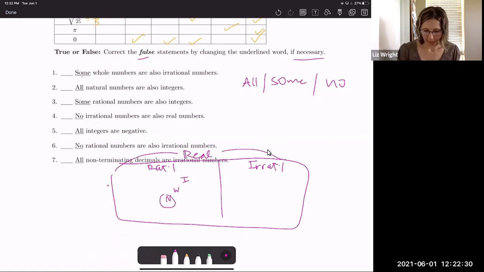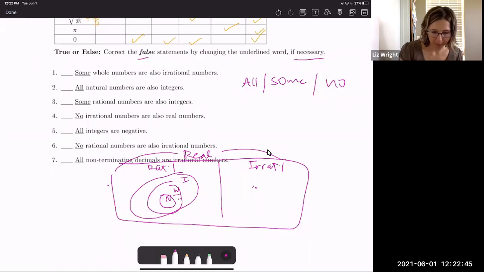These are like our small buckets, right? So here we go. Some whole numbers are also irrational numbers. So you're asking yourself, does this subset cross over this subset at all? No. That one is false. So that one should be no. No whole numbers are also irrational numbers.